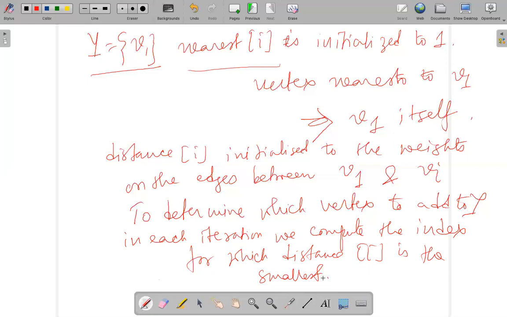Okay. We call this index a special variable vnear.